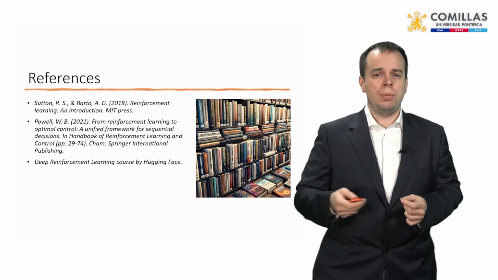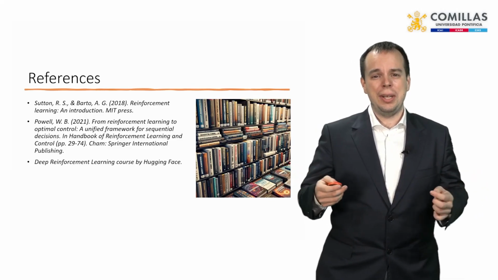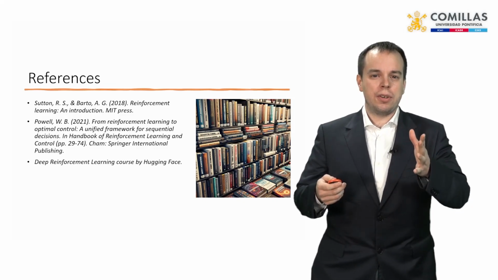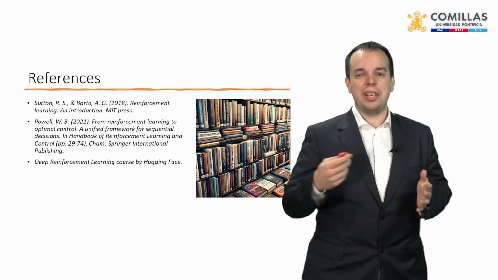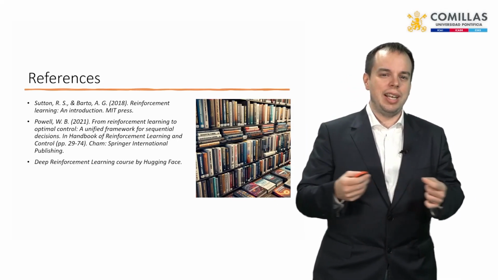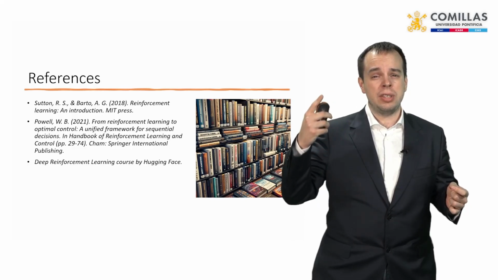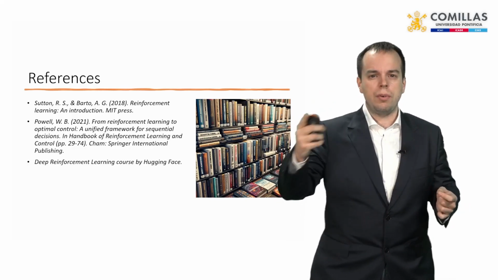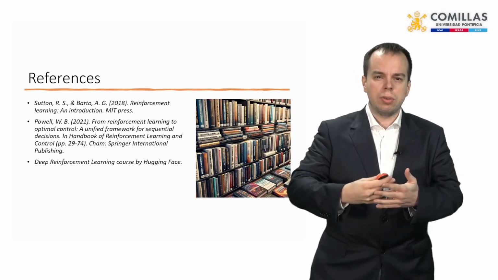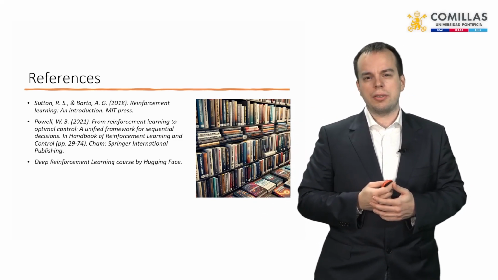It is a complete book that has all the theory behind reinforcement learning. And finally, the Reinforcement Learning course, which is my favorite, by Hugging Face, which provides hands-on experience and insights into the latest advances of another exciting topic that is called deep reinforcement learning, where deep learning and reinforcement learning work together to solve complex scenarios.